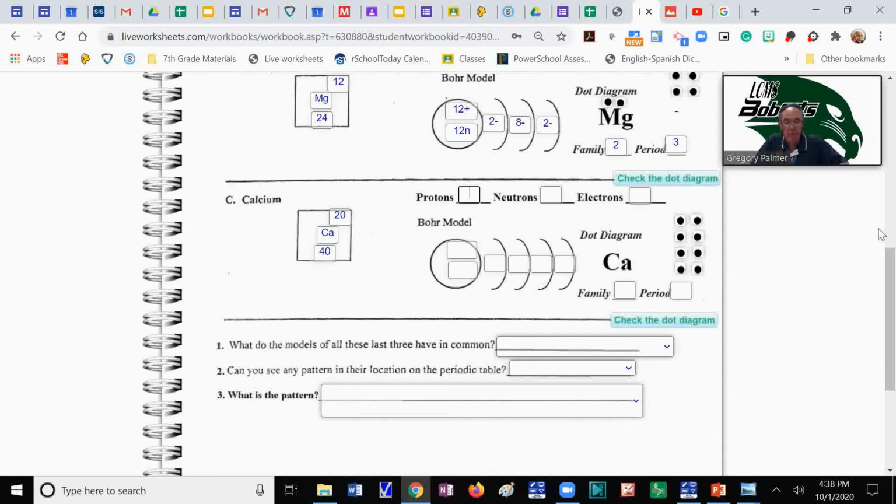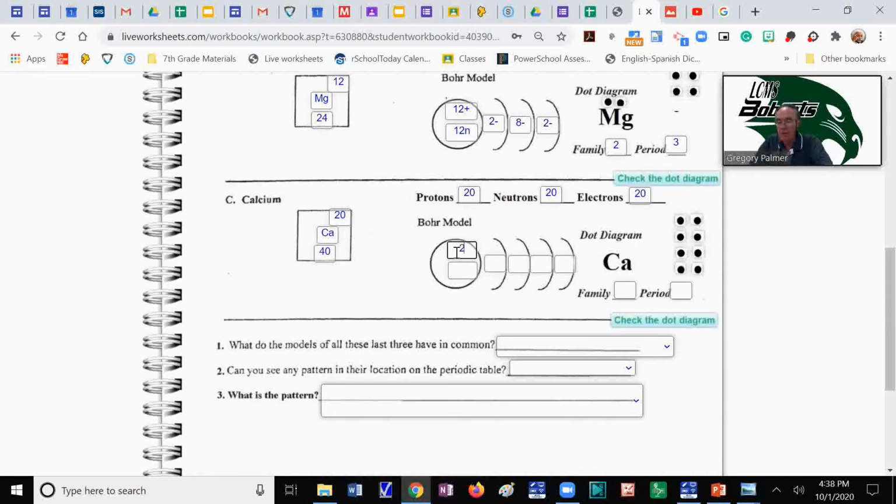Well, we know from the atomic number that the number of protons is 20. To find the neutrons, we take the atomic mass of 40 minus 20, and that tells us there's 20 neutrons, and the number of electrons is always equal to the number of protons, because the atom is neutral.